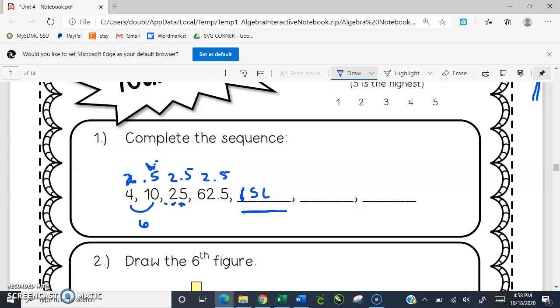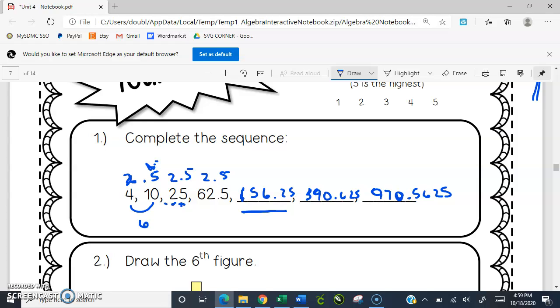It should give you 156.25. Then we multiply that by 2.5, and it should give us 390.625. Then we take that 390.625 and multiply it by 2.5, and we should get 970.5625.